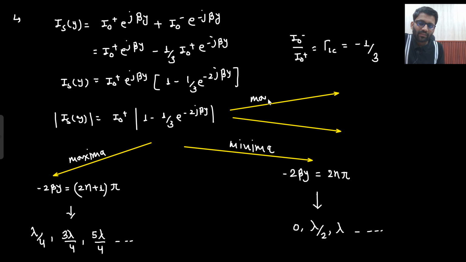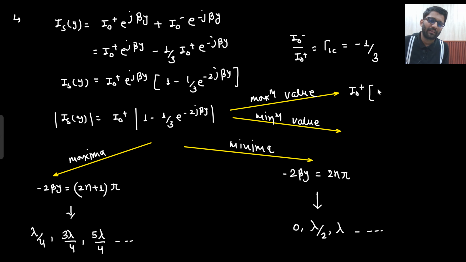So what will be the maximum value and what will be the minimum value? For maximum value this would be minus 1, so the maximum value will be I naught plus into 4 by 3, and the minimum value will be I naught plus into 1 minus 1 by 3, which would be 2 by 3. So what will be the standing wave ratio?